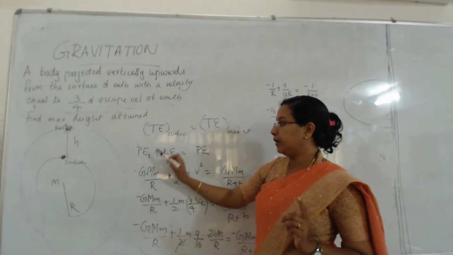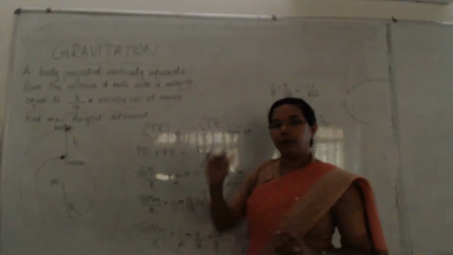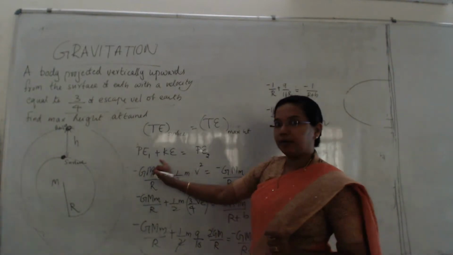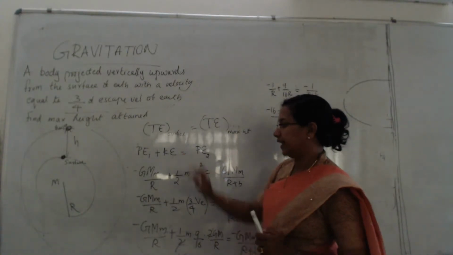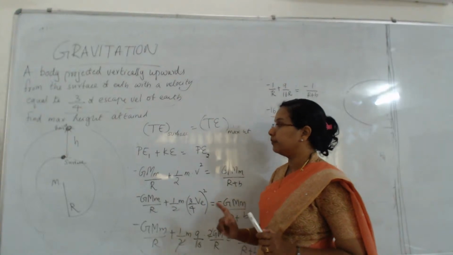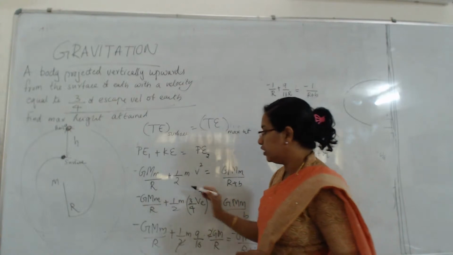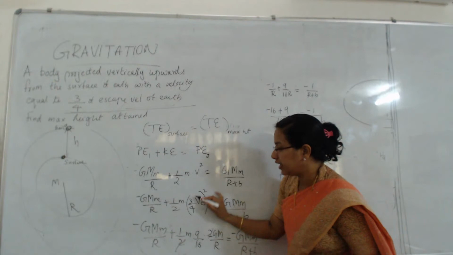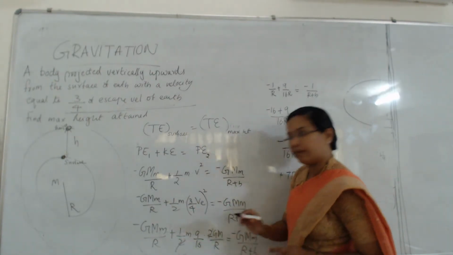So potential energy plus kinetic energy at the first point should be equal to the potential energy at the highest point. The potential energy at the surface is minus GM by R. The kinetic energy is half m v squared. Here we should remember v squared. What is v they gave? 3 by 4 of escape velocity. So 3 by 4 squared we should do, so it should be 9 by 16.